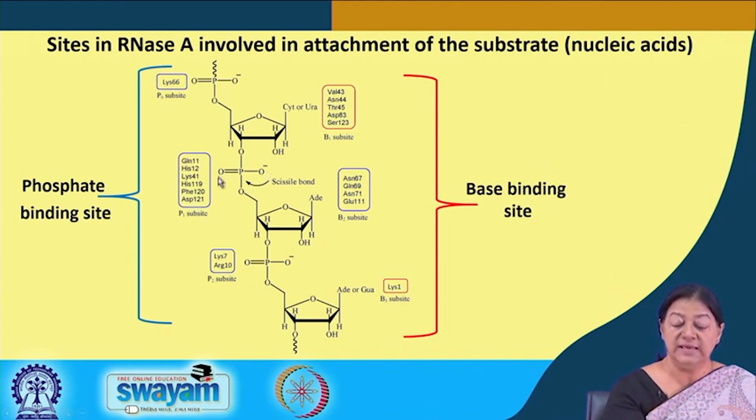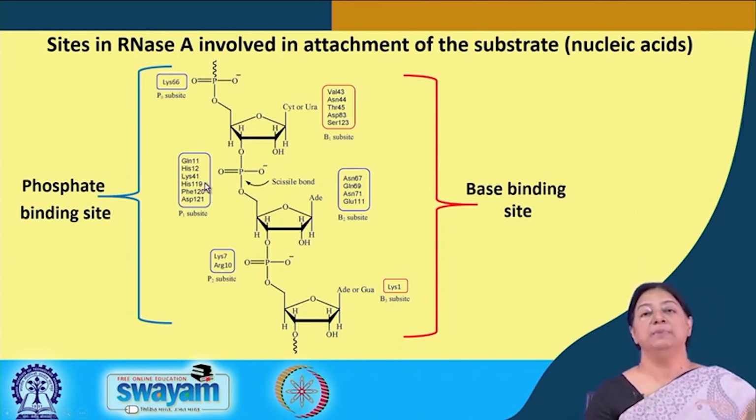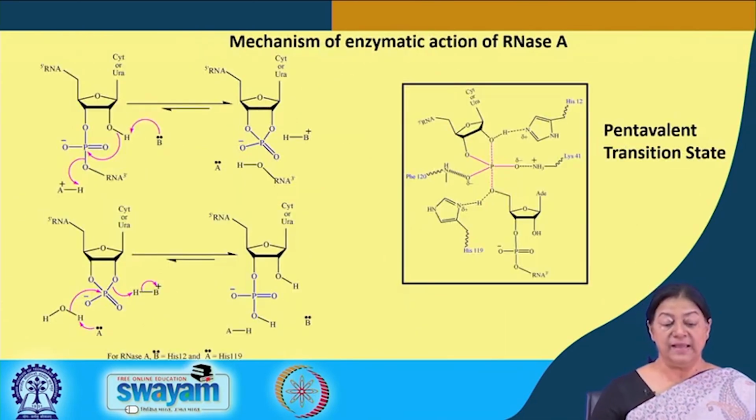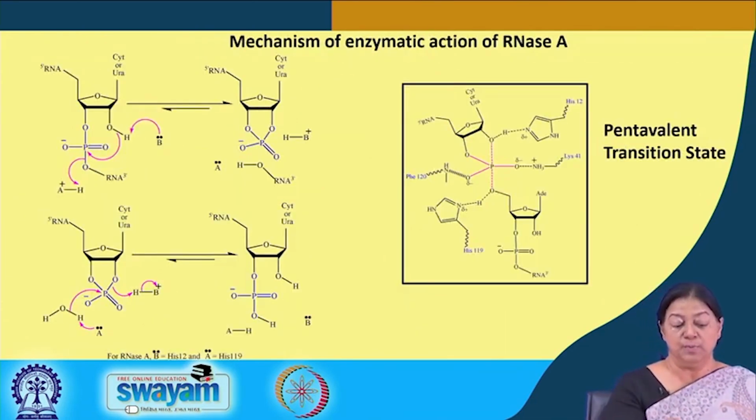This we see is negatively charged. What does it mean? It means there is a complementarity, and this is extremely important in its mechanism. When we look at the mechanism of the protein, without going into much detail, we have the two histidines that are involved.